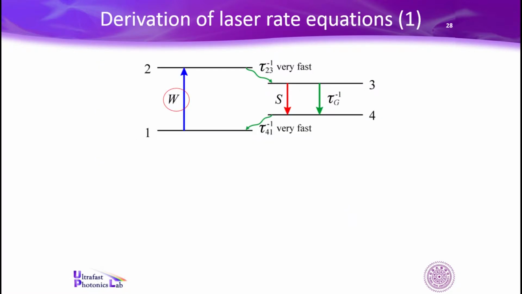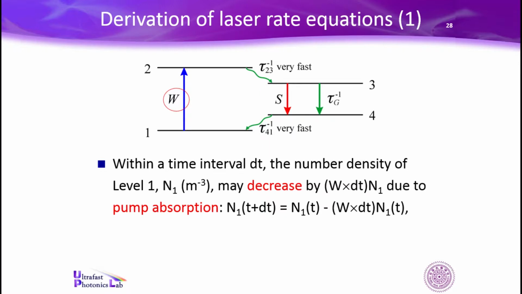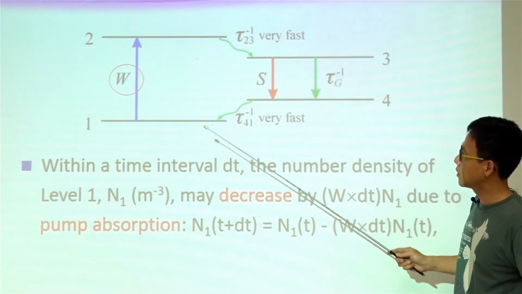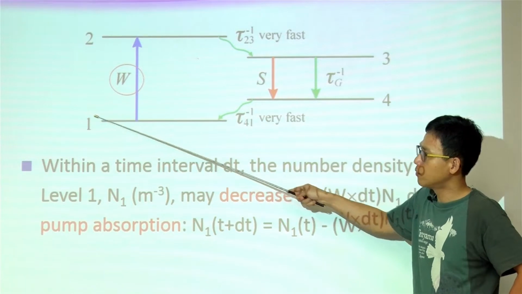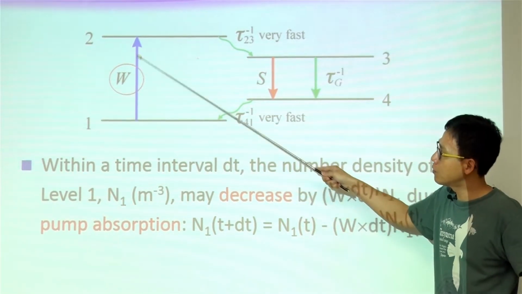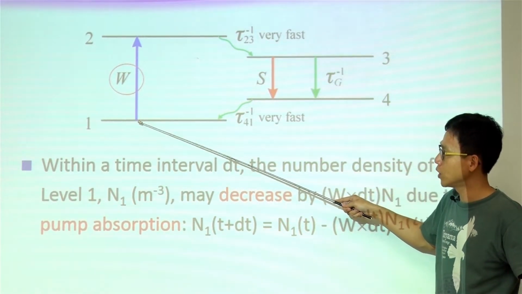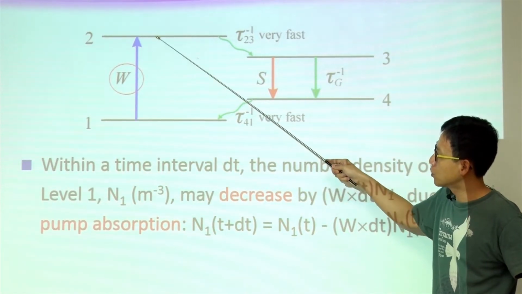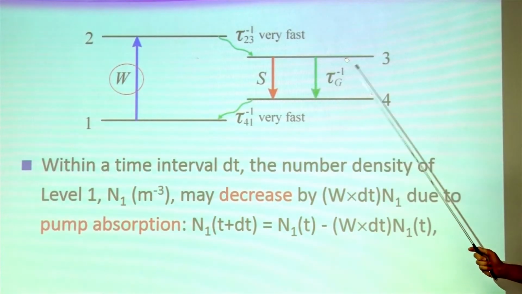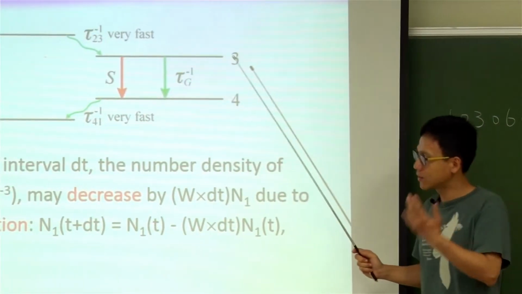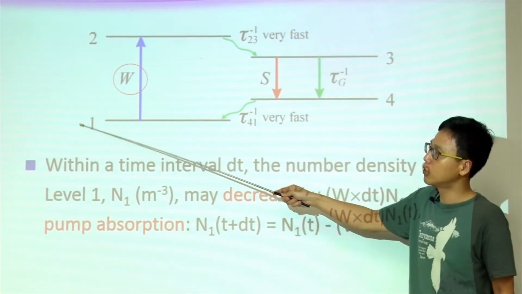So after the introduction to four-level systems, we can try to derive the laser rate equations. This is again the four-level system graph. If we focus on, say, the number density on level 1 first, we have four levels, so we need to write down the equations for level 1, level 2, level 3, and level 4 respectively. But let's start with the equation for level 1 only.